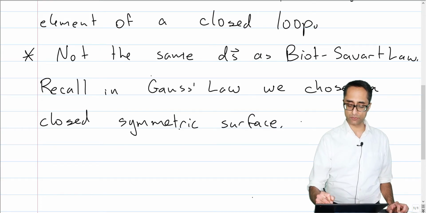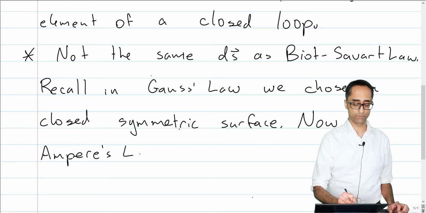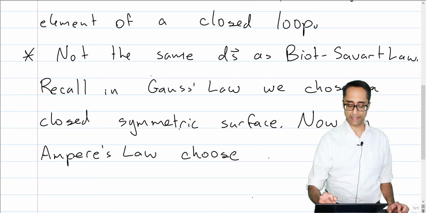Now, in Ampere's law, because we have ds and not dA, you're going to choose a closed symmetric path.